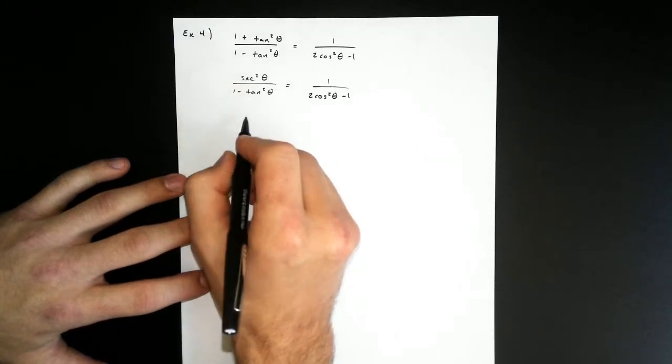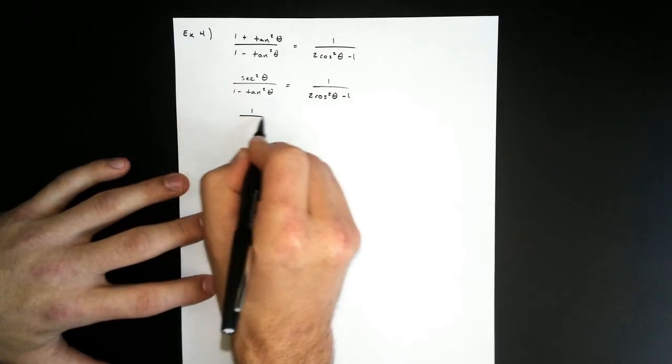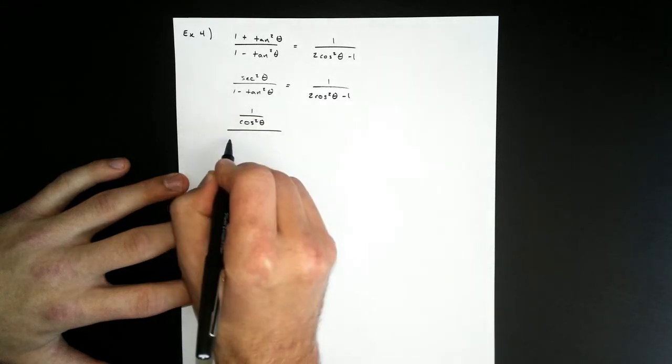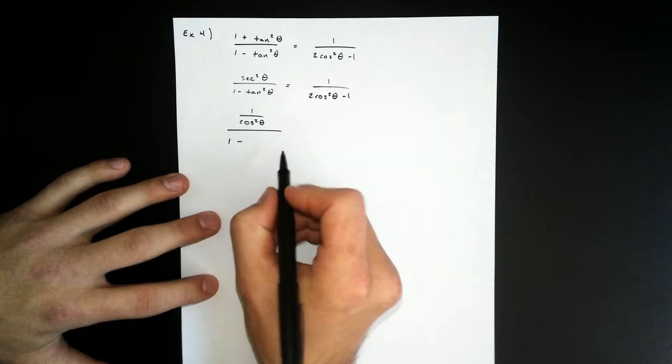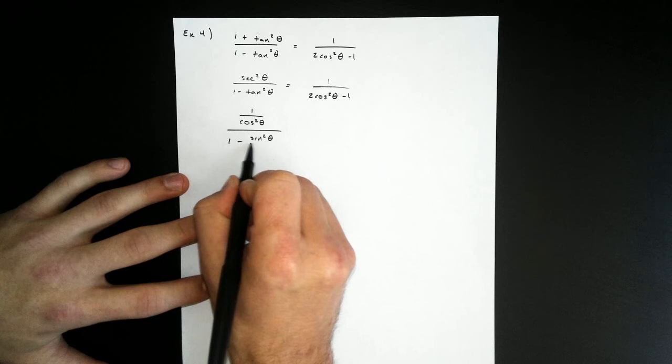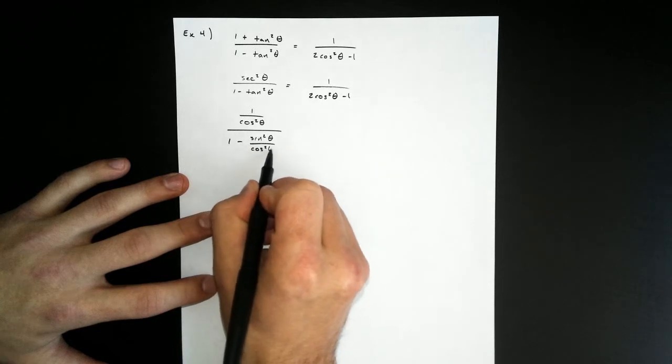So secant squared is the same as 1 over cosine squared. And then in the denominator we have 1 minus, and then tangent squared is sine squared over cosine squared.